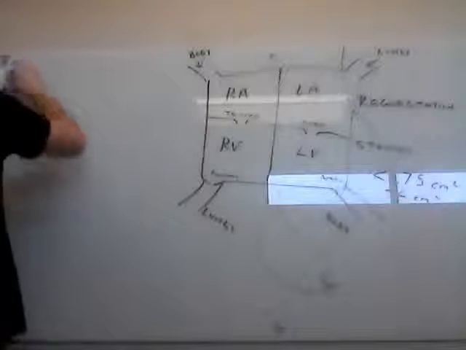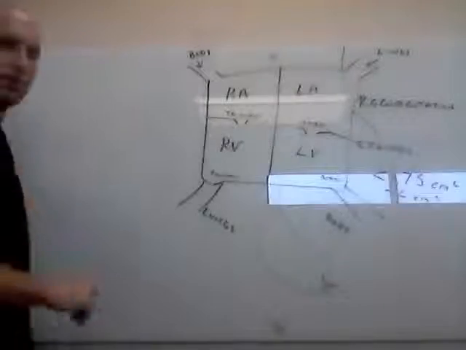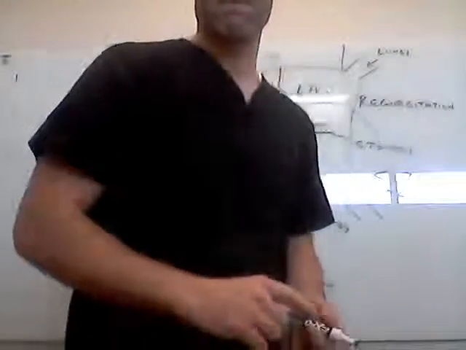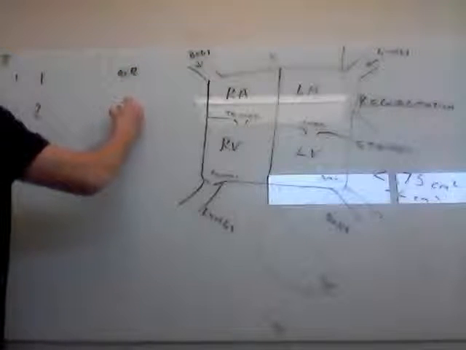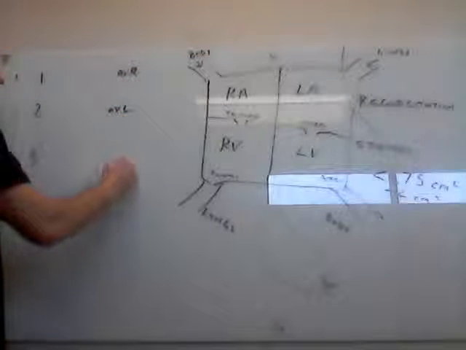Okay, so you look at lead, this is how I do it anyways. You got lead 1, lead 2, lead 3, AVR, AVL, and AVF. You probably can't even see this. Let me make sure you can see what I'm looking at here. Okay, so you're going to look at lead 1.